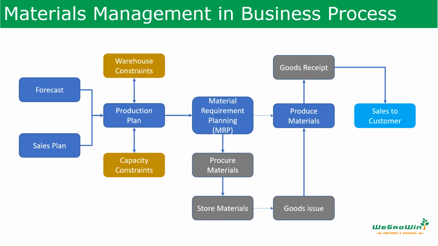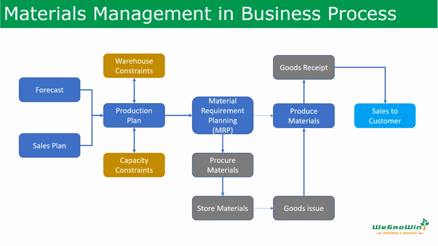This is the overview of the business, where there is a forecast and a sales plan. Based on this, the production plan is made, from which master scheduling and material requirement planning happen. The production plan will consider constraints like warehouse constraints and capacity constraints. Based on MRP, material will be procured, stored, and issued to produce.